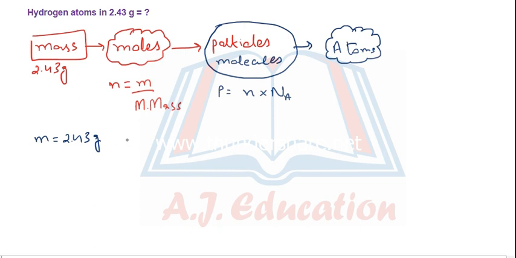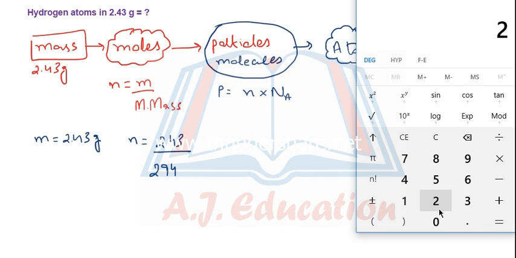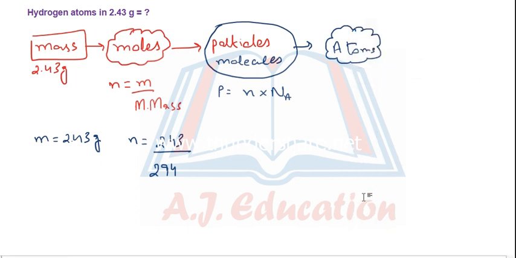So the number of moles will be, n will be equal to 2.43 divided by 294. 2.43 divided by 294 comes out to be 0.00826 mole, and you might have noticed that I have been writing mole as unit mol.